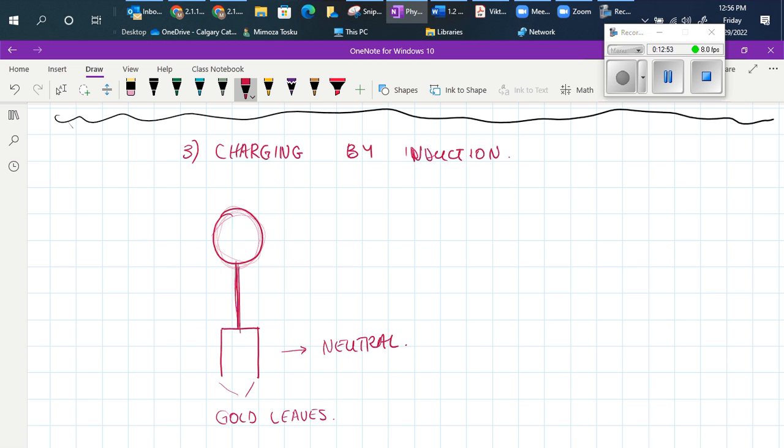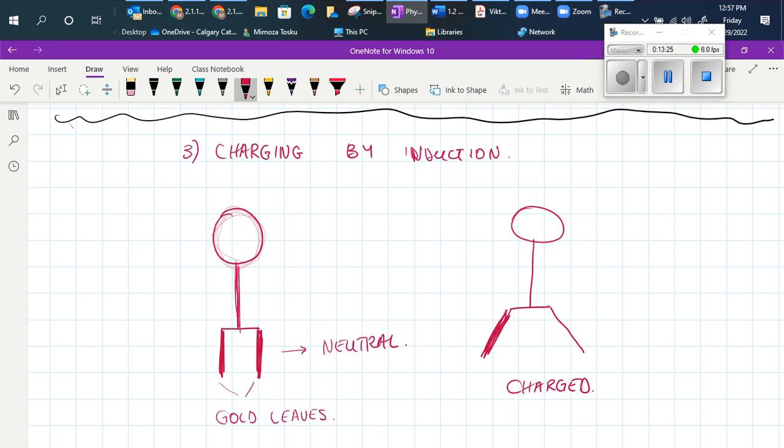When we see an electroscope whose two gold leaves are parallel to each other, that means the electroscope is a neutral object. When we see that the two gold leaves are open, then we identify the electroscope as charged.